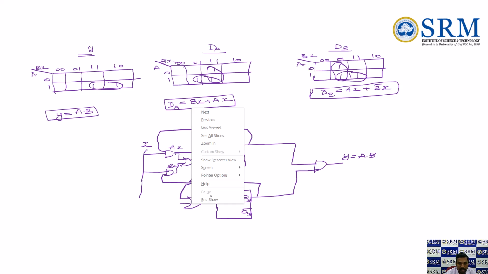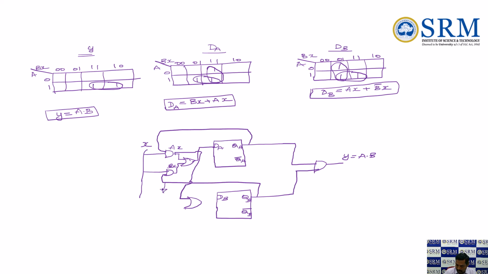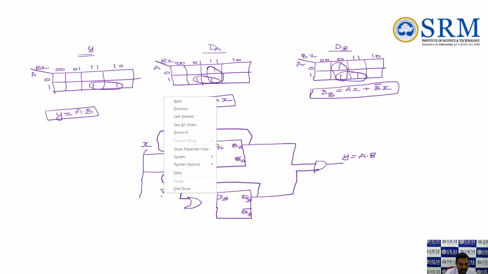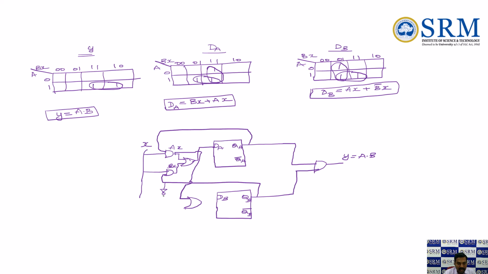So to get a B bar, this is B. I need to use an inverter, a NOT gate. I'm using a NOT gate over there. So this is B. Here I can get B bar with X as another input.